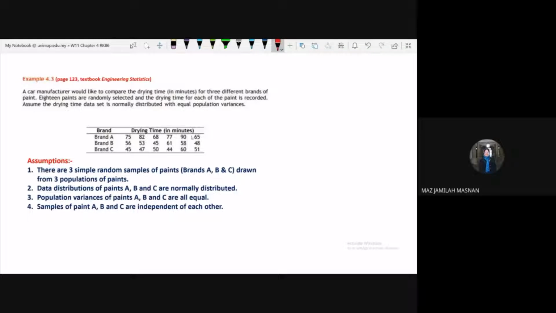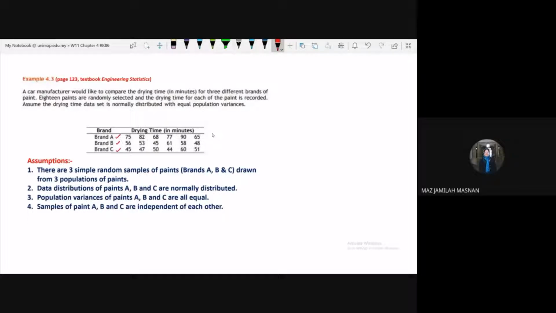Now we are talking about a car manufacturer trying to find out, for different brands of paint, that is brand A, B and C, what drying time each paint could give in terms of result.